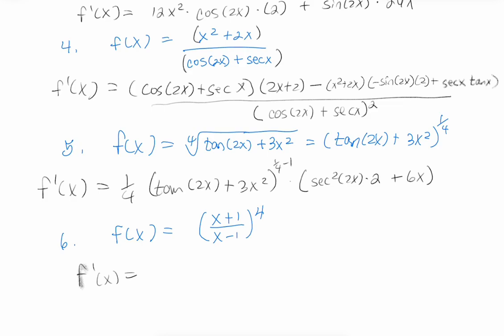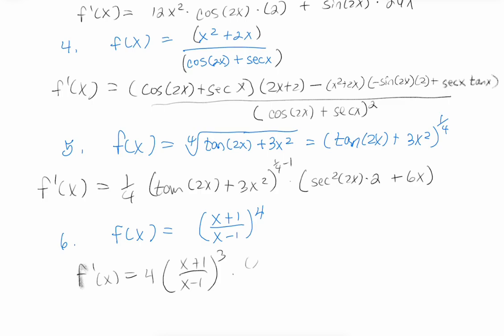I think of it as a chain rule. Drop the 4 down in front, leave the stuff, power goes down by 1, times the derivative of the stuff. So that stuff happens to be a quotient. So that stuff requires that I do the quotient rule to that stuff.